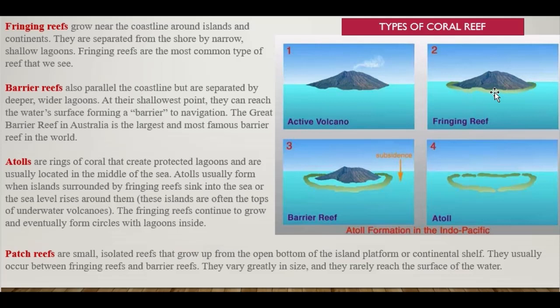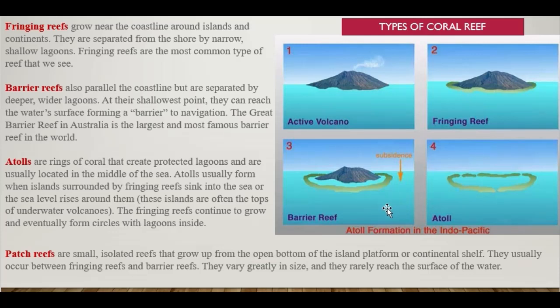They grow near to the shores. Let us imagine this is an island, and the corals will surround it like this. If the water level increases a little, the corals will be separated from the coastline and it forms like this.